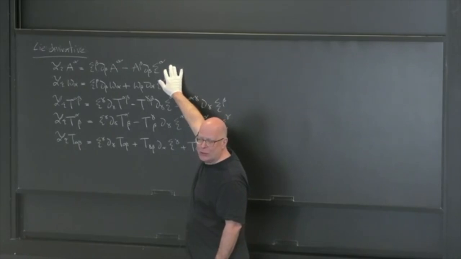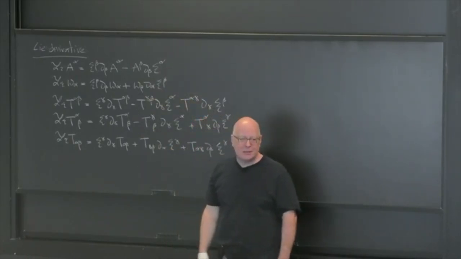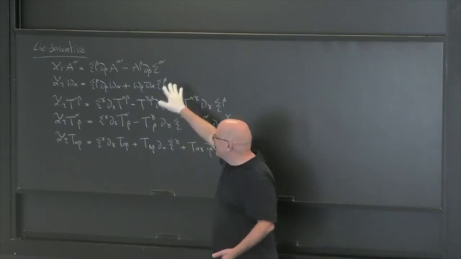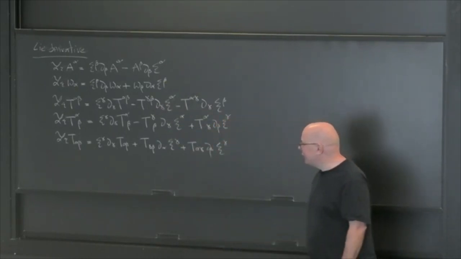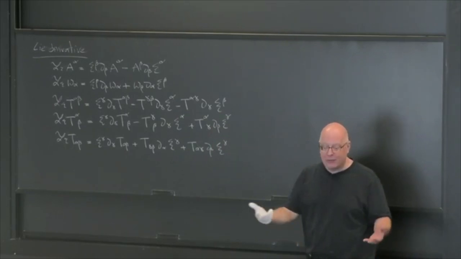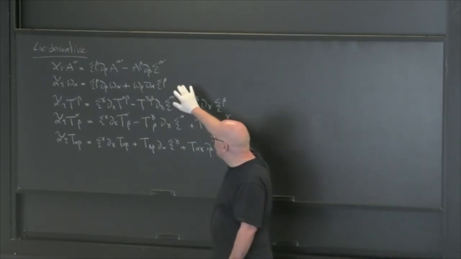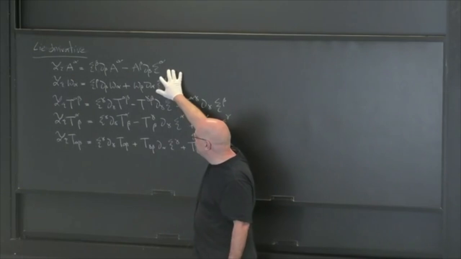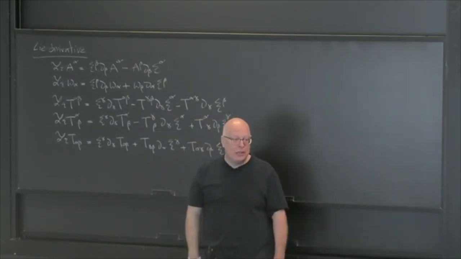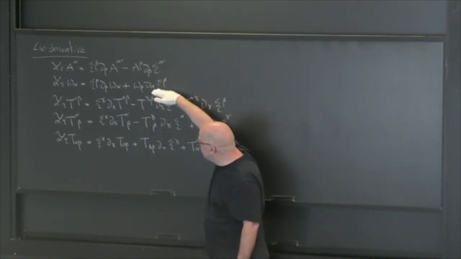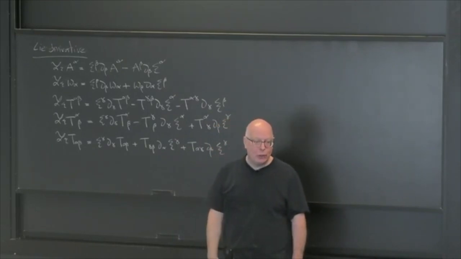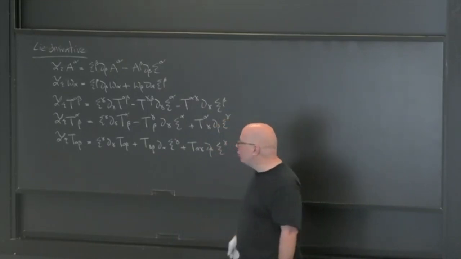I wouldn't want to consider that to be a definition of the Lie derivative for a vector, because it doesn't look like much. The geometric construction, I think, is much better suited to give a definition. But nevertheless, we could regard this as a starting point. You could consider this to be a definition, and then an extension of the definition that would be given to us by the Leibniz rule.